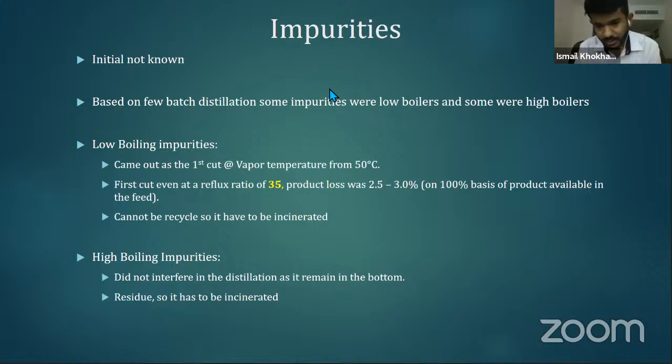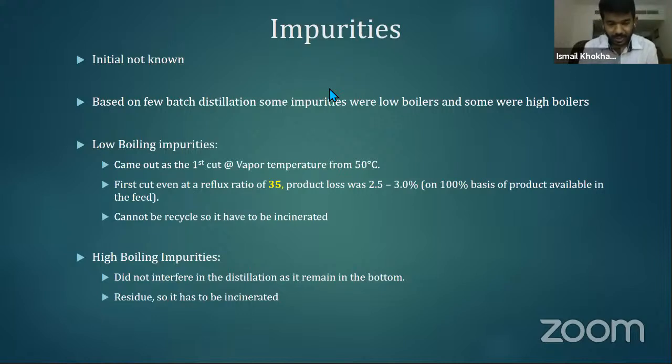Whenever you design a distillation column, please make sure that for anything above a reflux ratio of 3, the management is not going to approve you. Just imagine running at a reflux ratio of 35: your reboiler and condenser have to be 35 times more in design capacity compared to the distillation column.